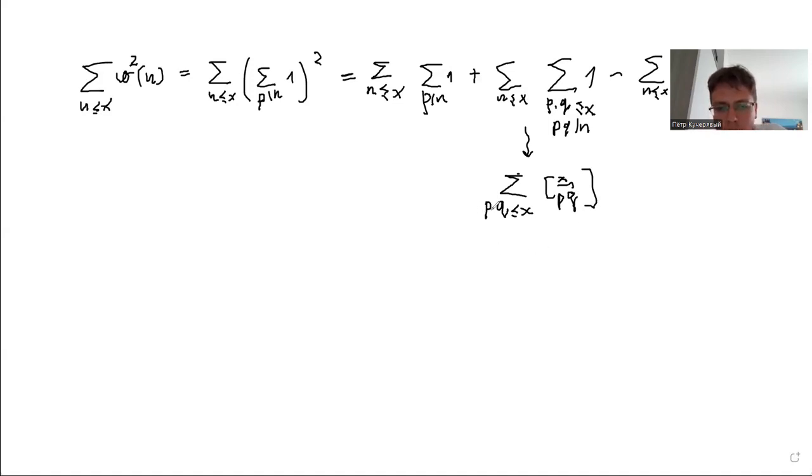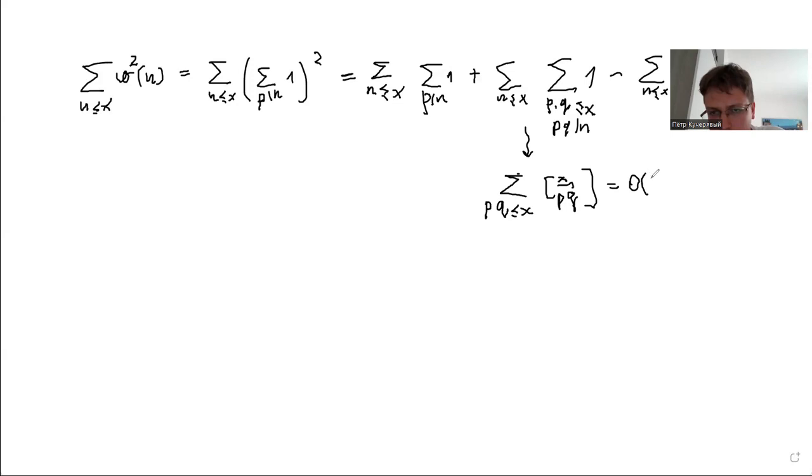For each fixed pair p and q, we have this many n's which are divisible by their product. So we want to compute this. This is what?